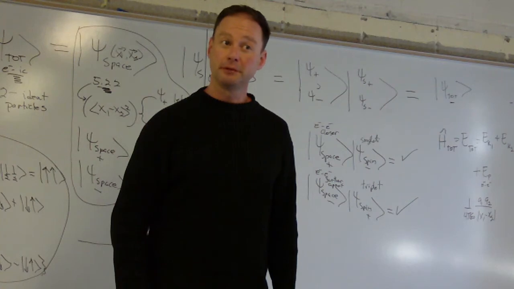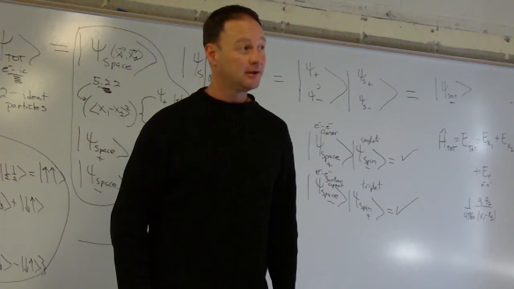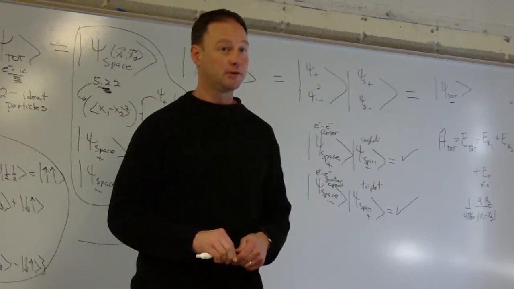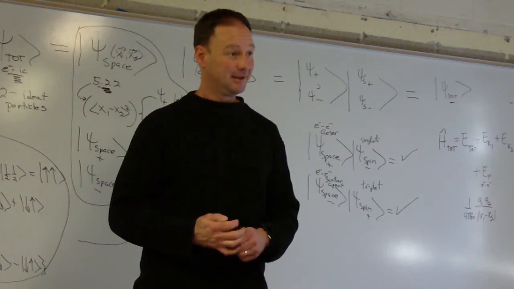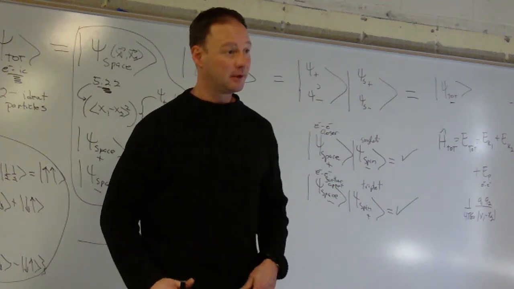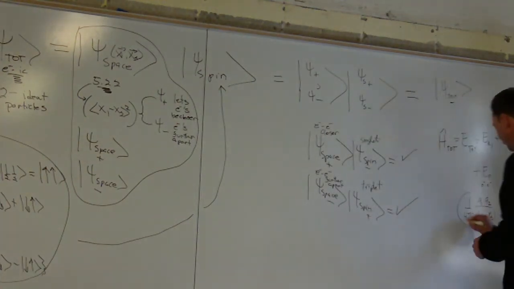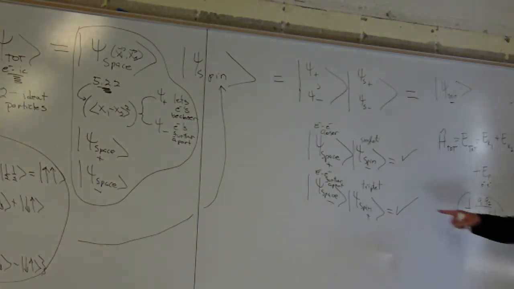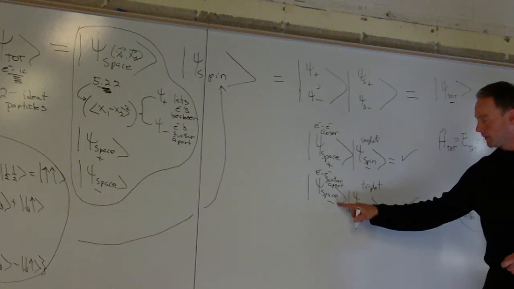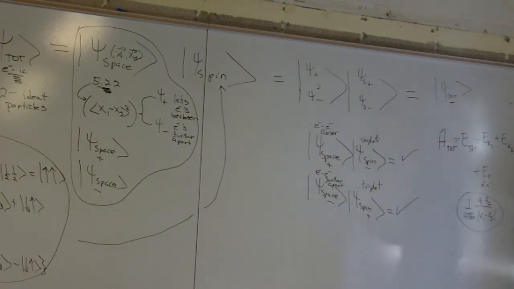Where does Hund's rule come from, guys, in words? The total antisymmetric wave function consists of a spatial wave function times a spin wave function. And we have two types of spin wave functions, symmetric and antisymmetric. You put them together, and the whole reason is that the psi minus space function makes the electrons stay further apart, and having the electrons further apart lowers the energy.